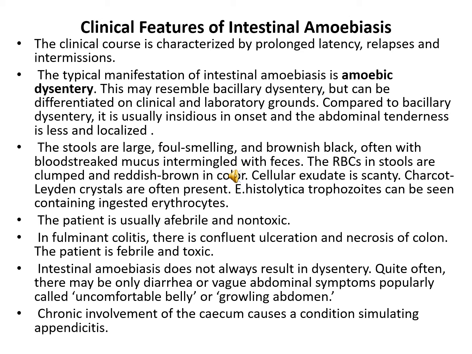The color of the stool is blackish brown in amoebic dysentery, and bacillary dysentery is not dark, it is with blood or red in color. In the microscopic appearance, you can see the trophozoites of Entamoeba histolytica in amoebic dysentery stool, which have ingested erythrocytes, as we saw in the morphology.